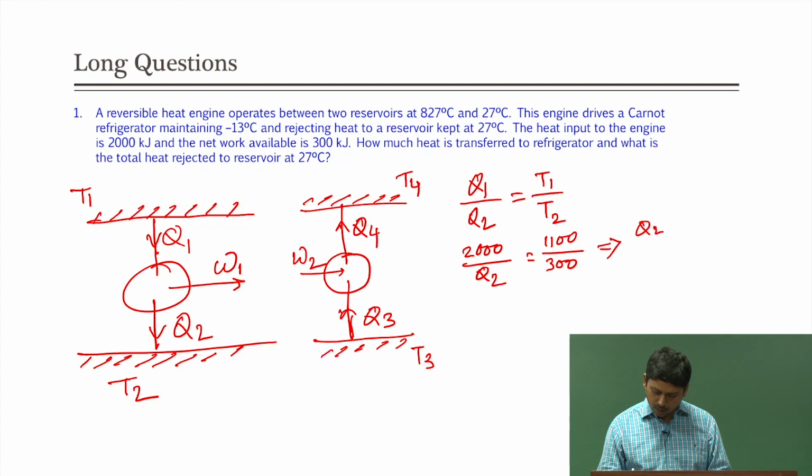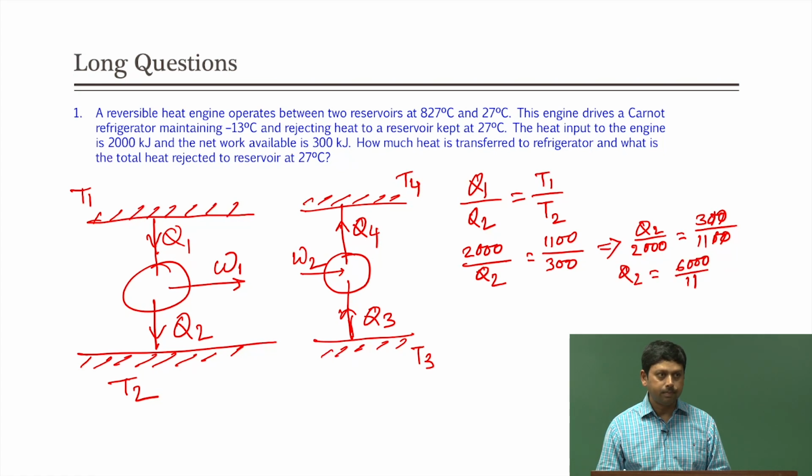So, Q2 by 2000 is equal to 300 by 1100 which is 3 by 11. So, Q2 is 6000 by 11 kilojoule. Now, once we know Q1 and Q2 we can then calculate the W1.